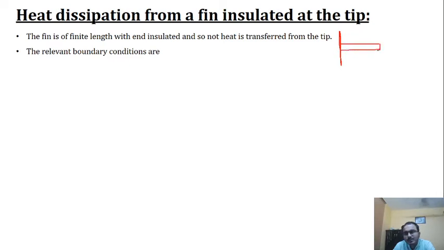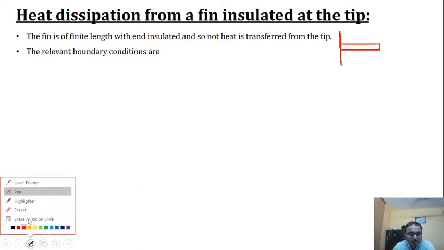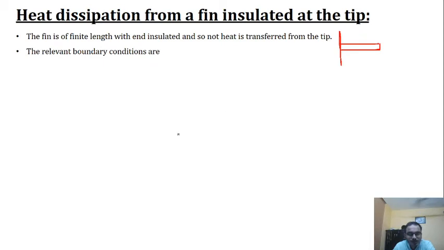So this fin will be of a finite length. The only difference which is coming here is it is being insulated at one end. So let us say this end is being insulated.